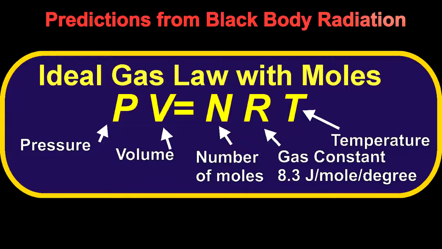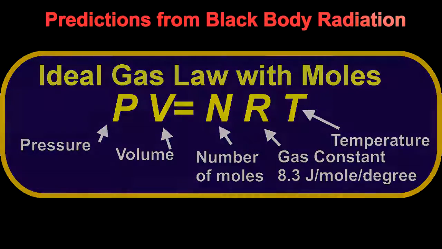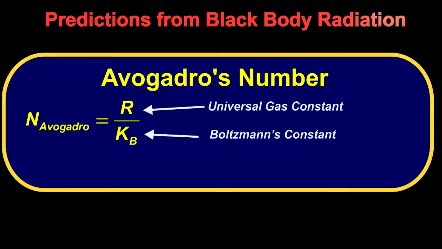Now remember that chemists in the 1800s had measured the universal gas constant, knowing only moles and not knowing the number of molecules per mole. The number of molecules per mole is called Avogadro's number, and it can be calculated once you know the Boltzmann constant. A high school student can show you the formula.